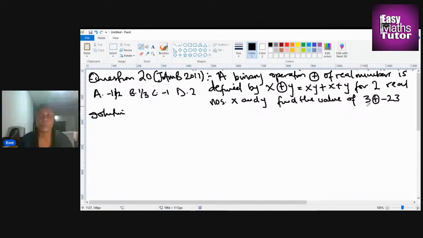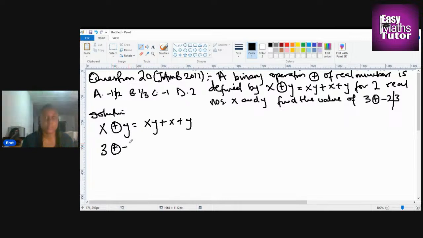The operation is 3 binary minus 2 over 3. The first operation is x binary y equal to xy plus x plus y.